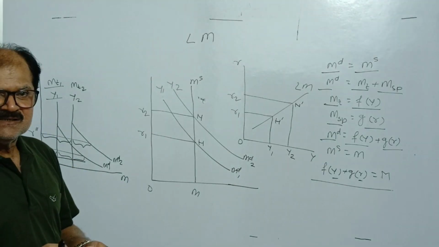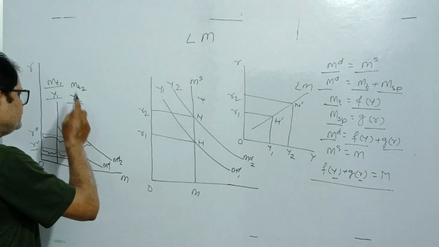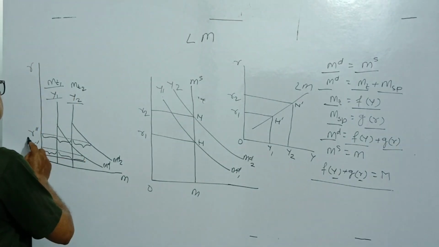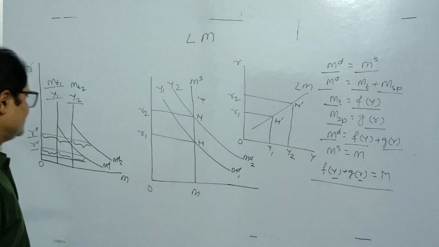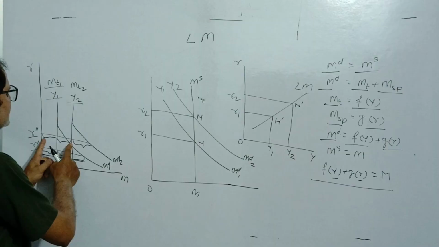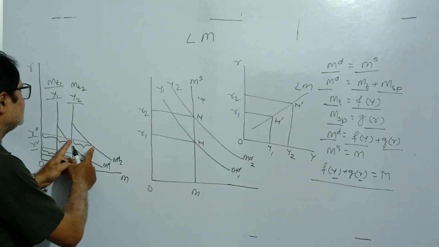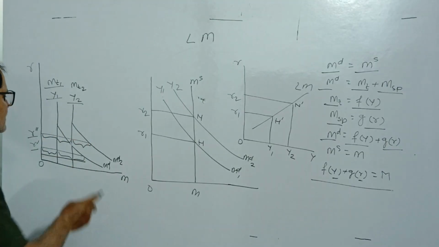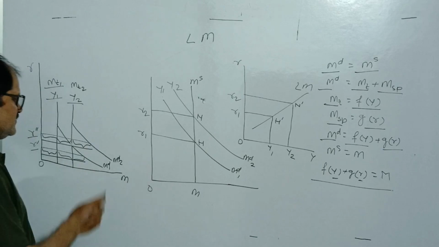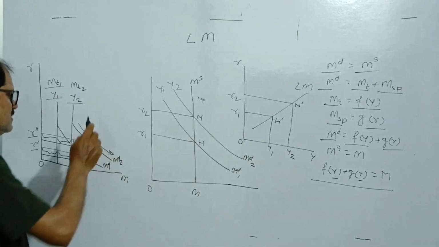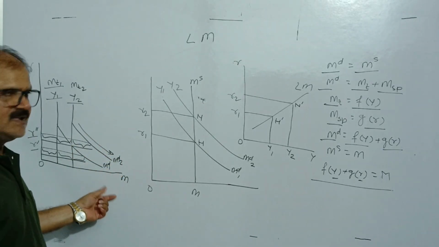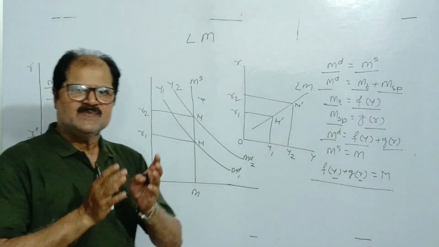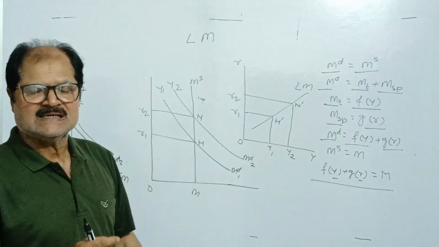When income changes, say income becomes Y2 and rate of interest is R double dash, then total transaction demand for money becomes this one, and this much is speculative demand for money, and total demand for money is this one. This becomes the demand for money curve. This is how the total demand for money curve is derived in Keynesian system.